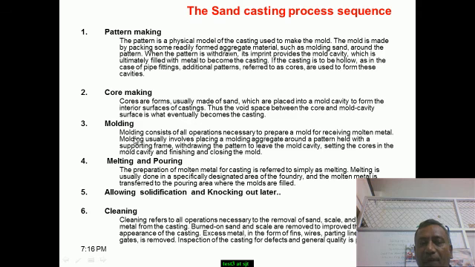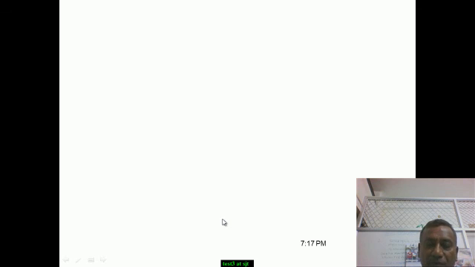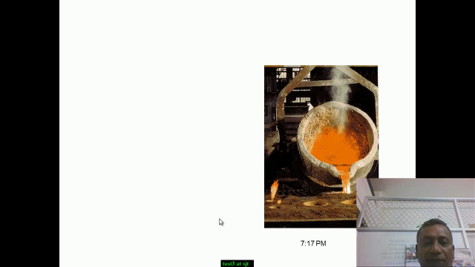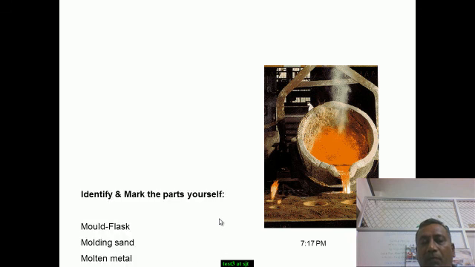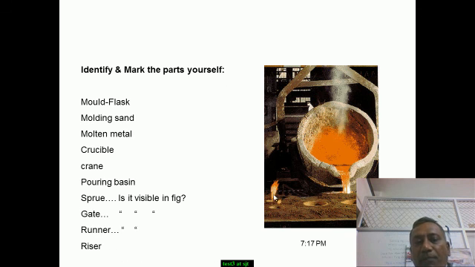Molding means arriving at the exact mold cavity with all the sprue, runners, gates, and the riser. Everything has been finally prepared. Then finally melting and pouring, allowing solidification and knockout later, then final cleaning. This is the sequence.